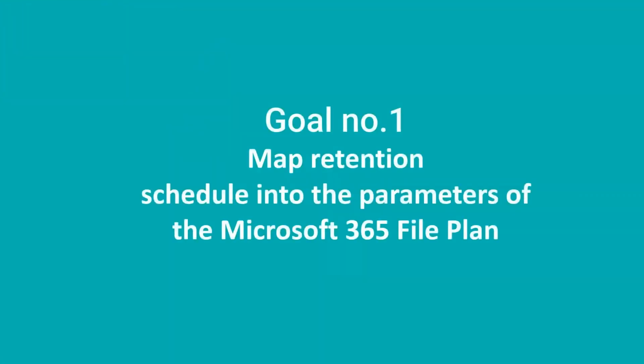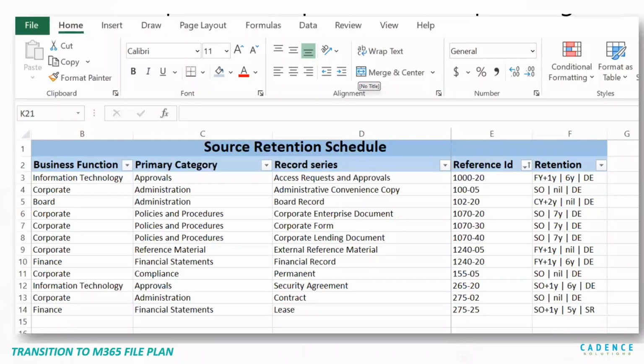And let me just go here. So goal number 1 was mapping your organization's retention schedule into a Microsoft 365 file plan. Now, how do we do this? And we will go over the steps here real quickly. This source retention schedule is just a demo retention schedule that your organization usually should have, something similar looking to this.